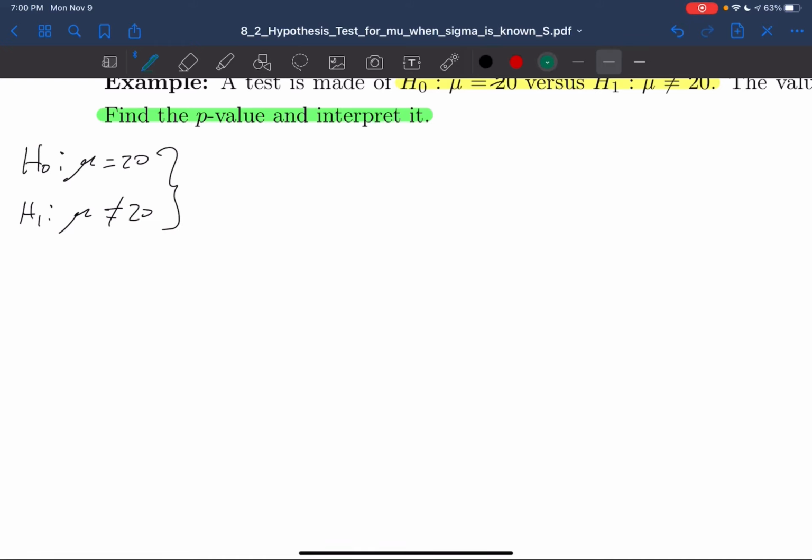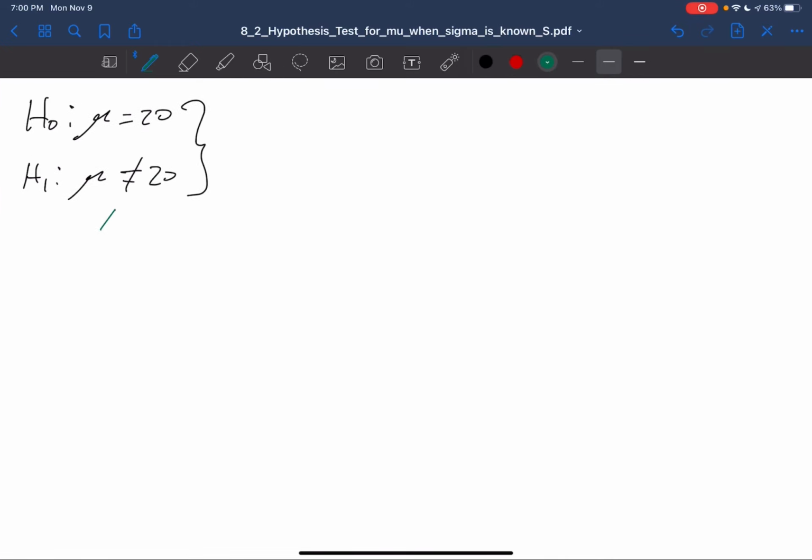Are we dealing with a left tail, right tail, or two tail? Well, since our alternative hypothesis says that mu is not equal to 20, this gives you an idea that we're dealing with a two tail test.